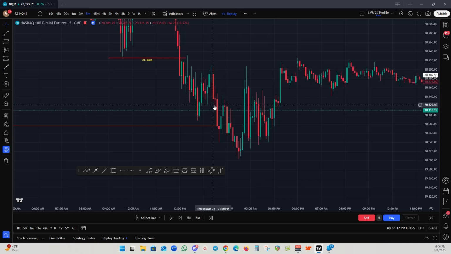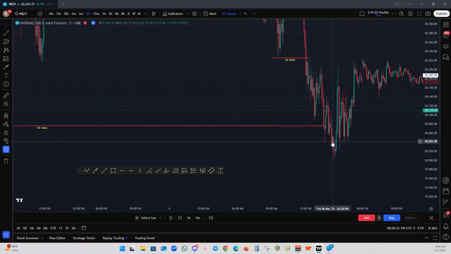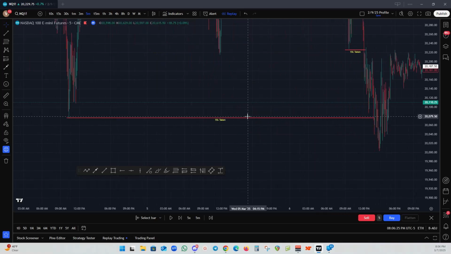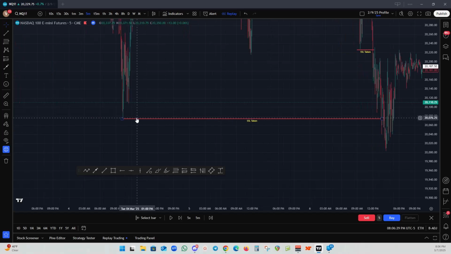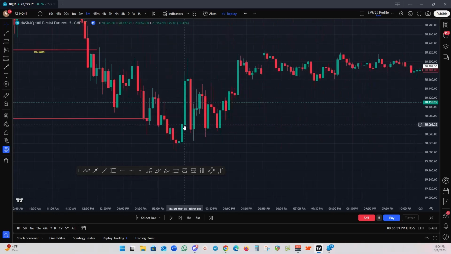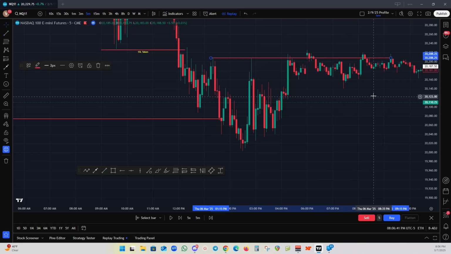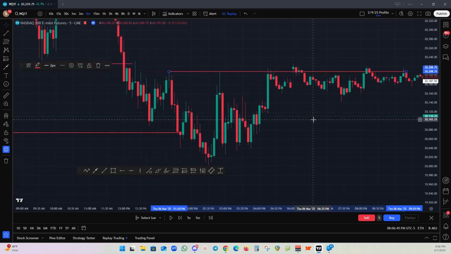So you want to find a high that actually broke through this low, this structure. The last high that broke through this previous structure would be this one here on the 5-minute.